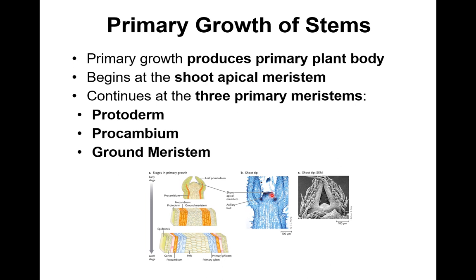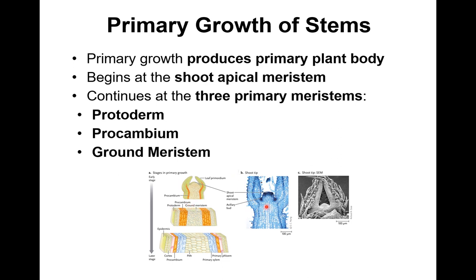So if this was, for example, the apical meristem here, it's moved this way, it's growing this way. So here you start having these 3 primary meristems: protoderm, procambium, and ground meristem. Here is how they are located. Protoderm on the outside, procambium in between the ground meristem and the protoderm here.